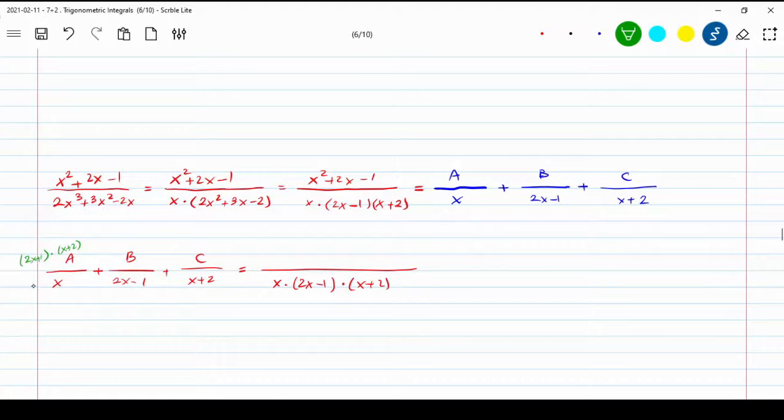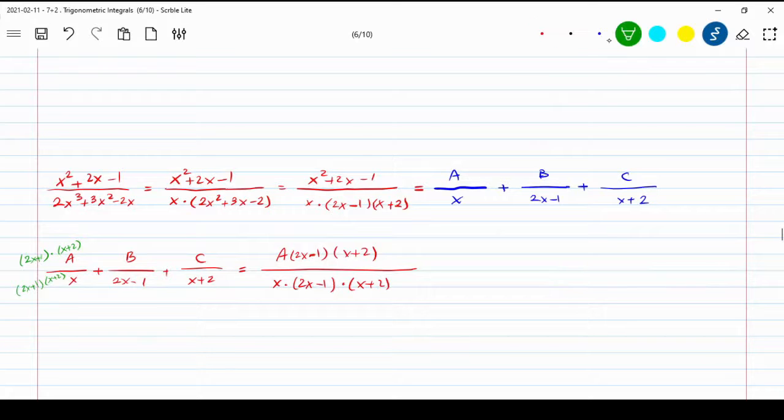Because if I multiply that to the first denominator as well as to the first numerator, what do I have is a times 2x minus 1 times x plus 2. I multiply the same thing, 2x minus 1 and x plus 2. You'll notice that I haven't changed anything about the first fraction. I just multiplied to make it common denominator.